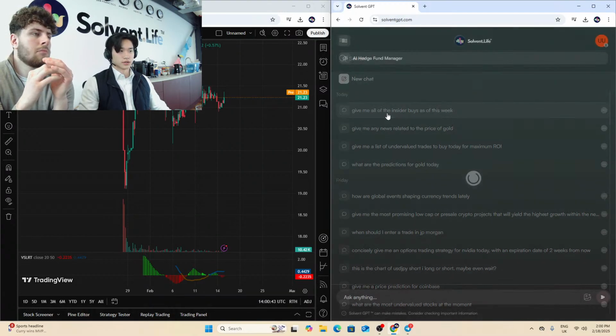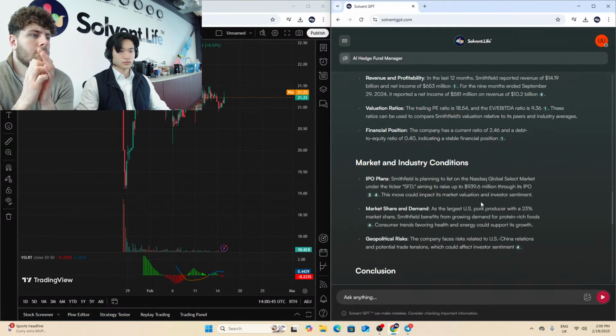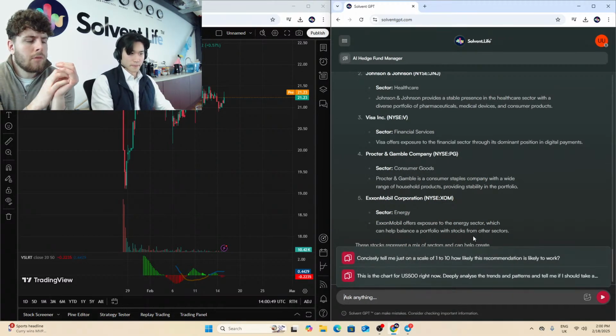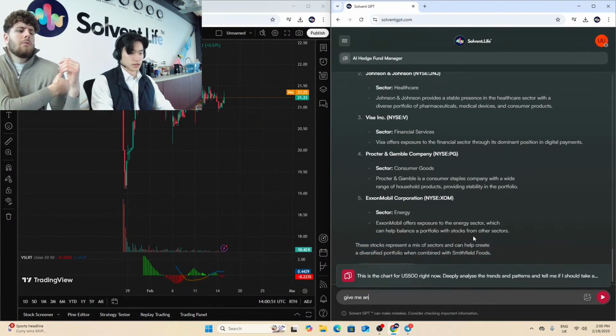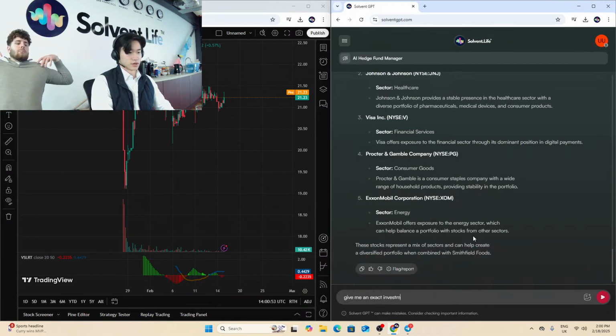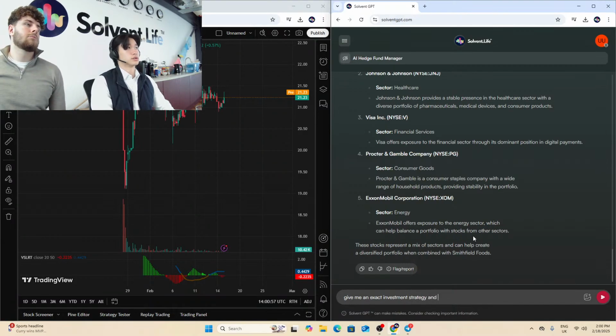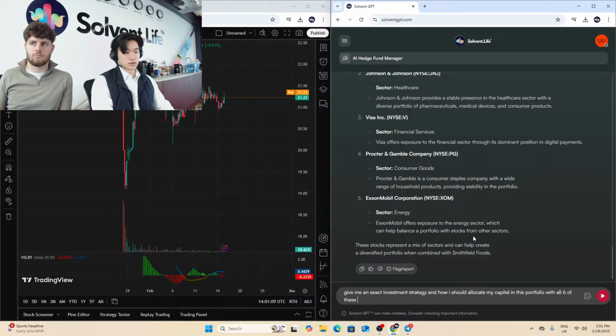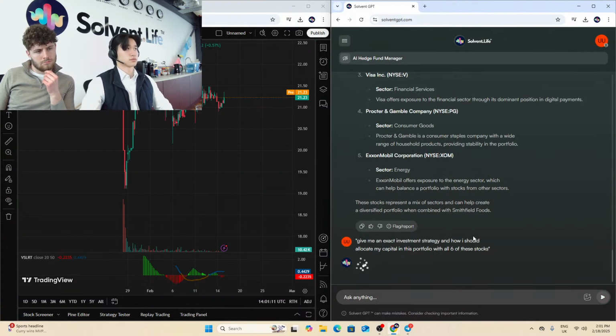This has a lot of potential to yield a lot of profits for you. So, give me an exact investment strategy and how I should allocate my capital in this portfolio with all 6 of these stocks.